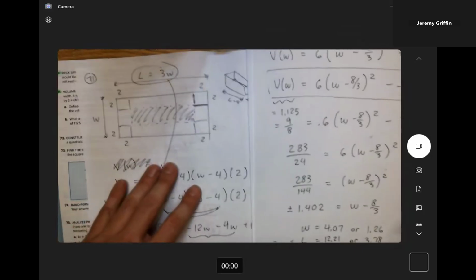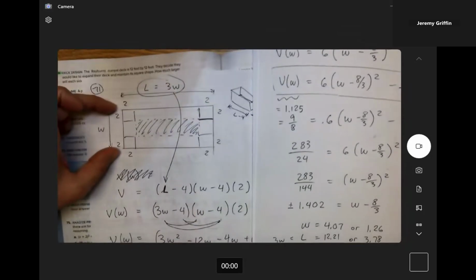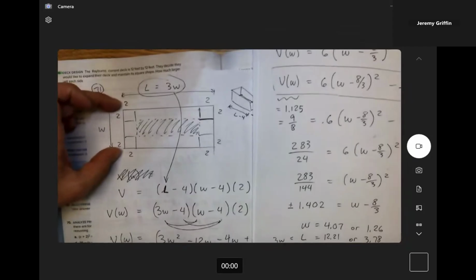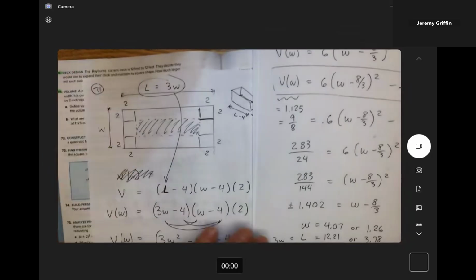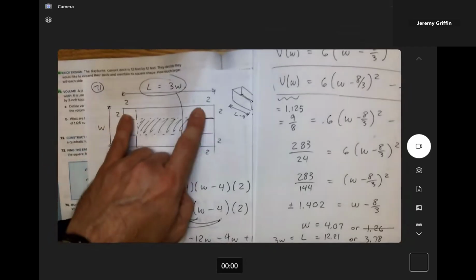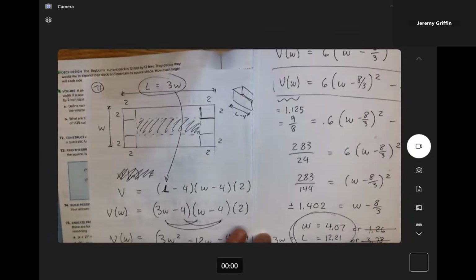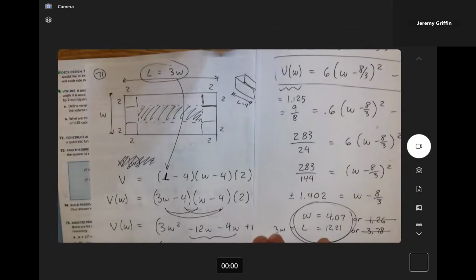These both don't work because width has to be more than 4 inches, right? That's a constraint. Width has to be more than 4. Because if it was 4 minus 2, it would go down to 0, and that wouldn't work. So this 1.26 doesn't work, which means this 3.78 length also doesn't work, which it wouldn't anyway, because length also has to be more than 4. Okay, so it's got to be this right here. This has got to be the dimensions of that sheet metal.